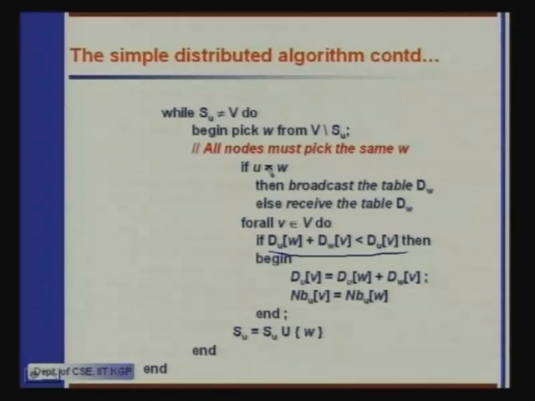Now the main drawback of this approach is this broadcasting, or sending the routing packets along specific paths. This is the main drawback of this algorithm. So naturally we look for algorithms which can do the same computation but using more of local information, okay.